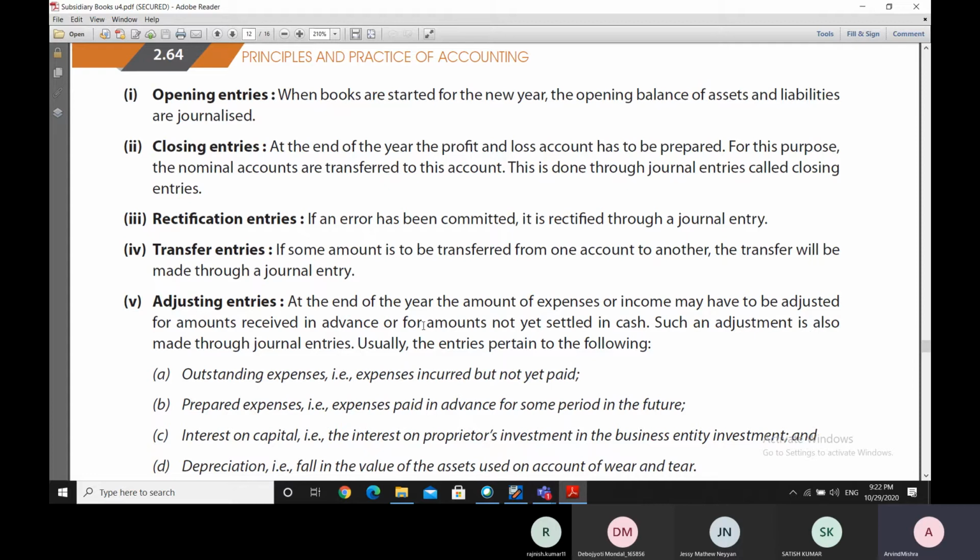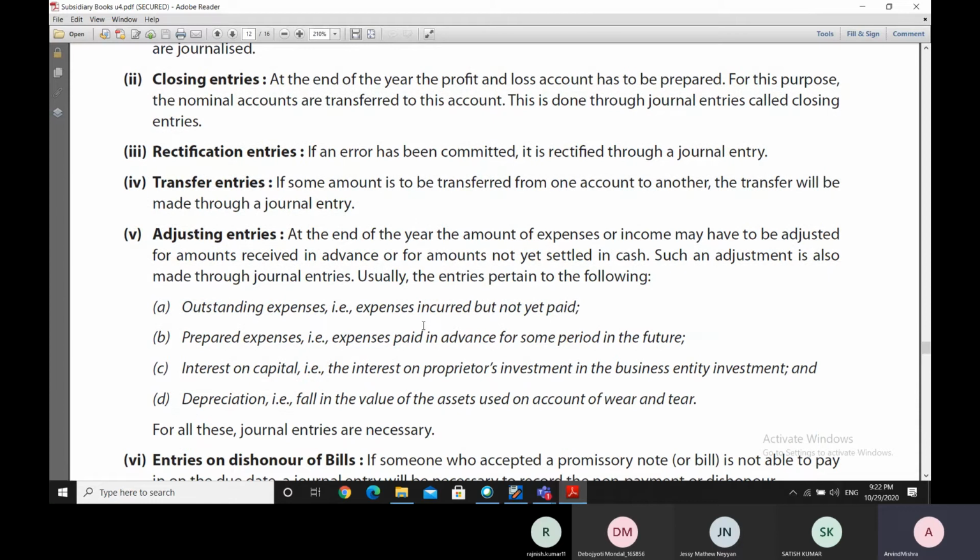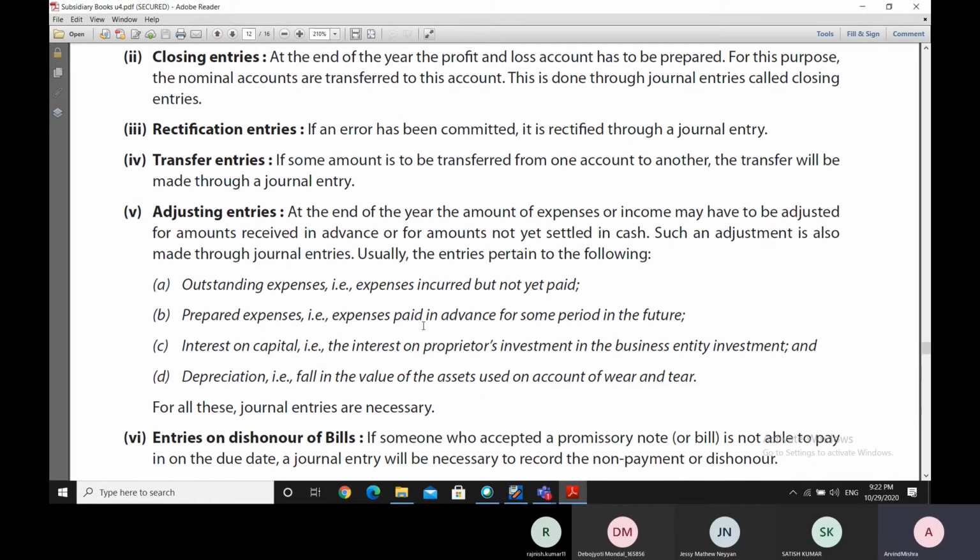Usually the entries will pertain to outstanding expenses, that is, expenses incurred but not yet paid for. These adjustment entries would be for outstanding expenses or for prepaid expenses, that is, expenses which are paid in advance for some period in the future.